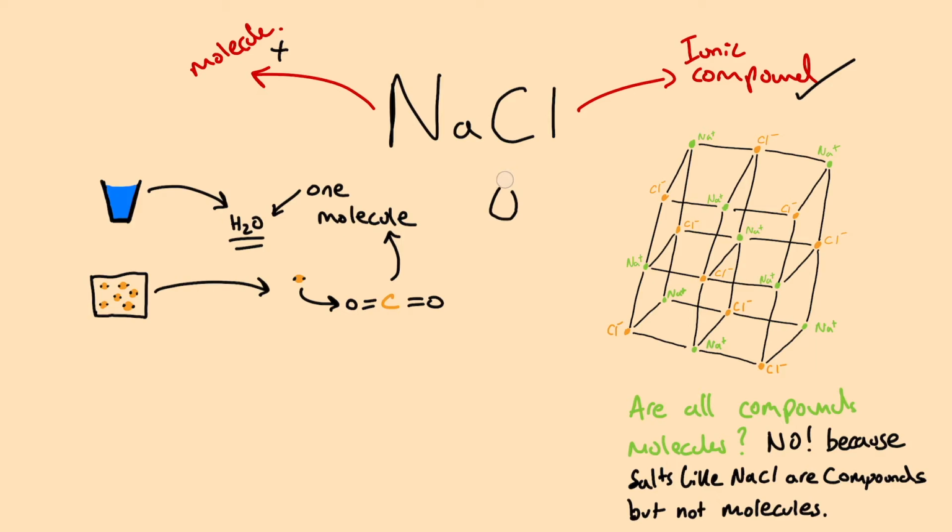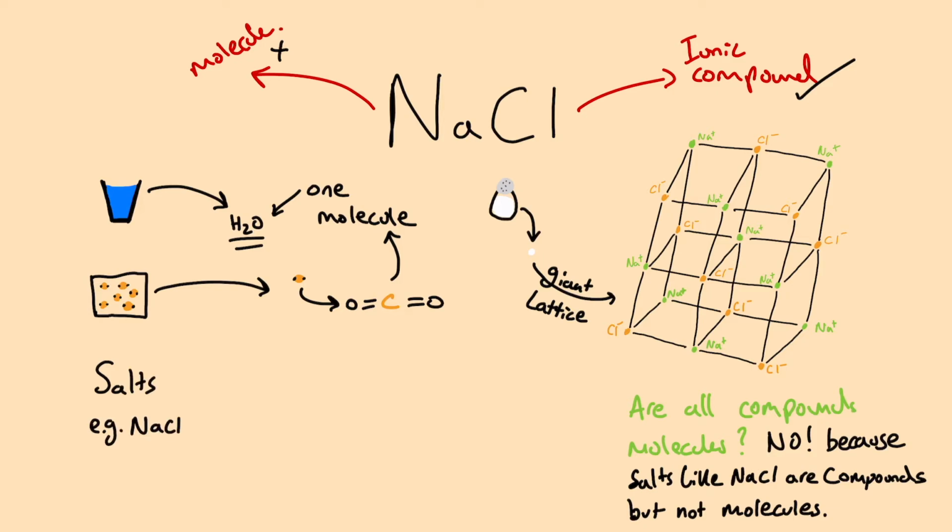But when it comes to salts, even in the smallest grain of NaCl, you'll have tons and tons of sodium and chloride ions electrostatically attracted to each other in a giant ionic lattice structure, even in the smallest grain of salt. And therefore you can't really break down these salts that have giant ionic lattice structures into a single molecule of NaCl, or other salts.